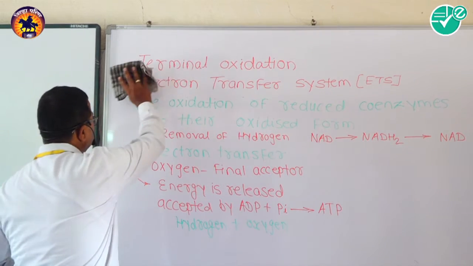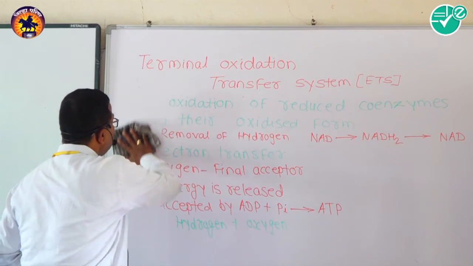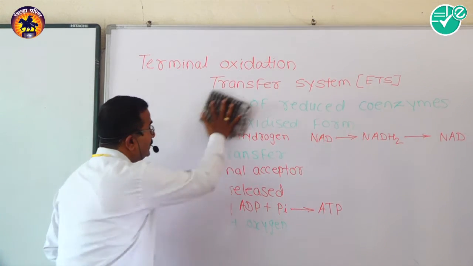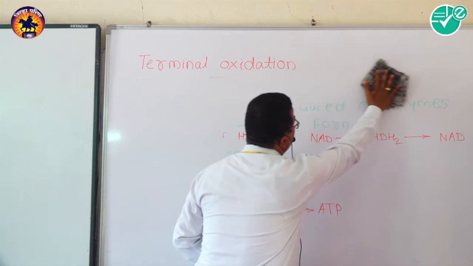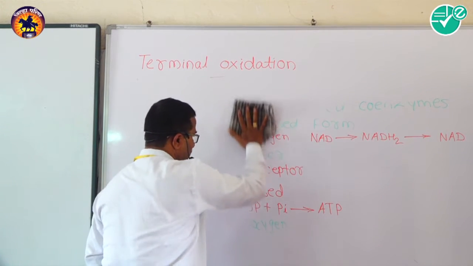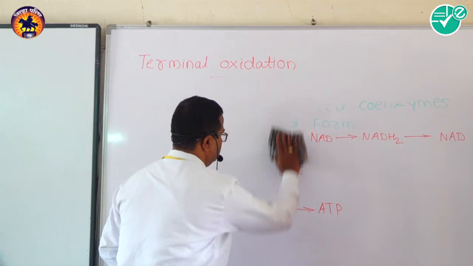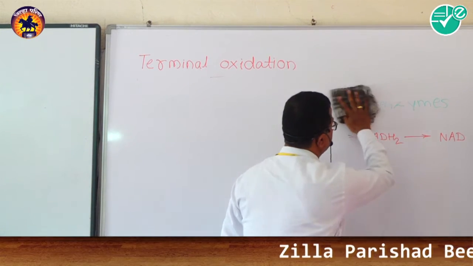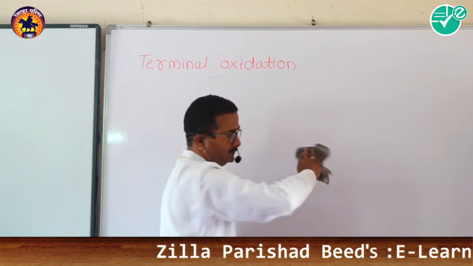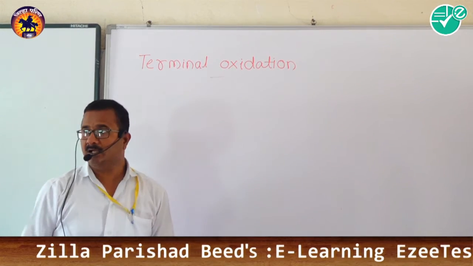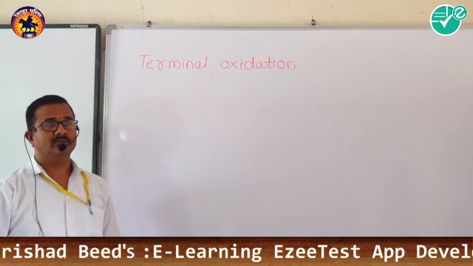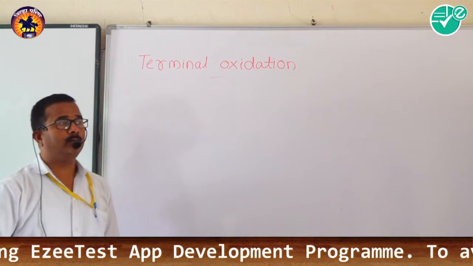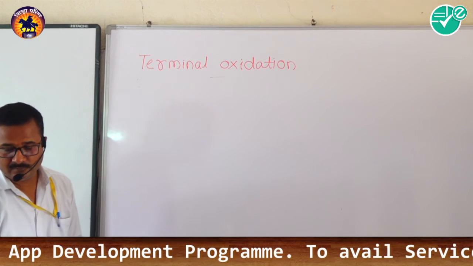So, in the terminal oxidation, the reduced coenzymes may get regenerated for the recycling of this total respiration process.